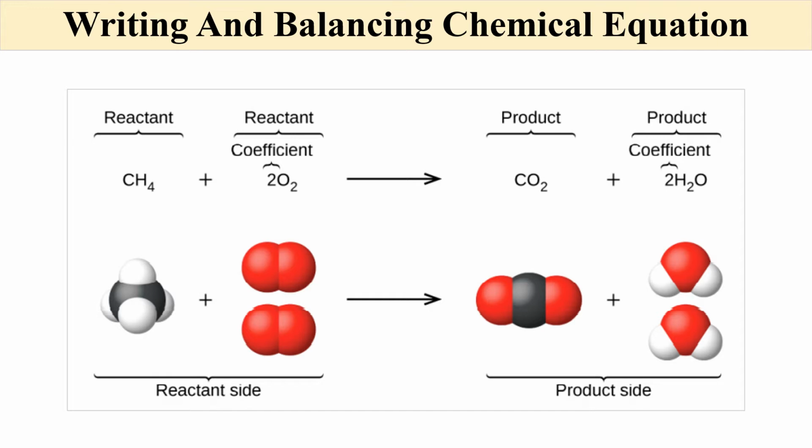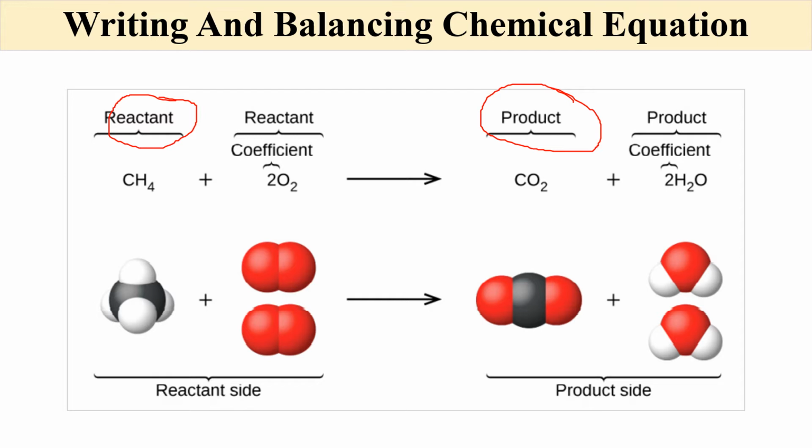Reactants are always written on the left hand side of the equation and products are present on the right hand side of the equation. These are the reactants on the left hand side and these are the products, both of them on the right hand side.